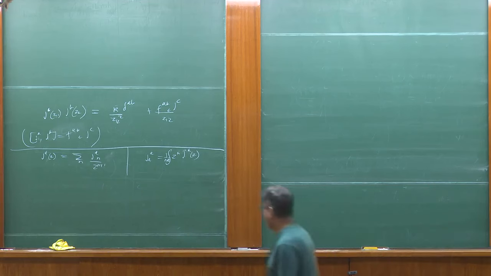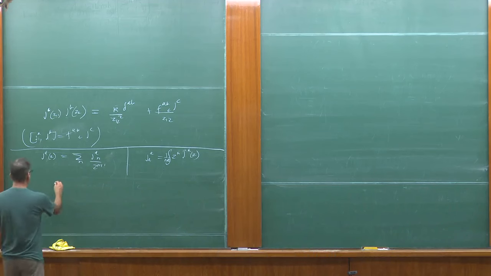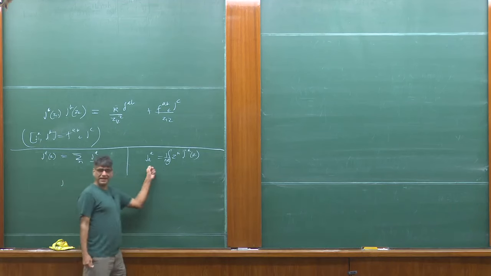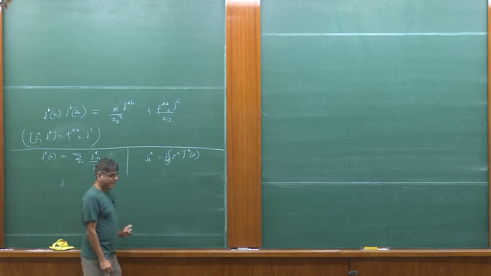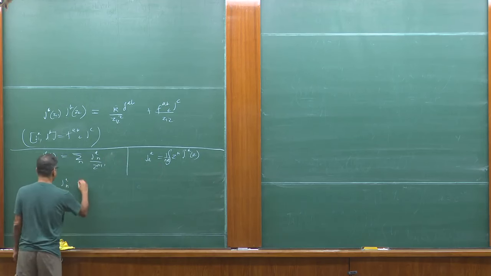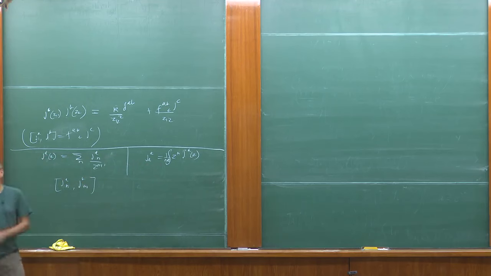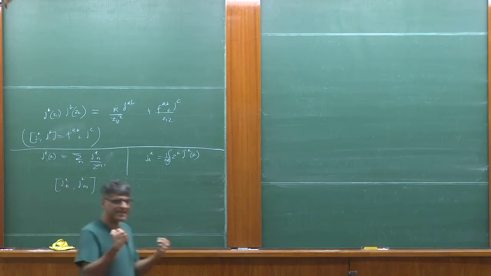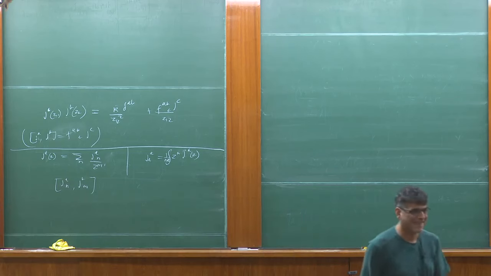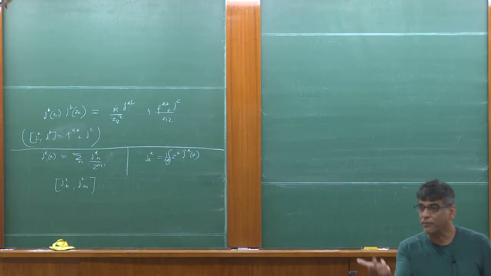You remember the general rules that we developed. Suppose I want to compute the commutator of J^A_n and J^B_m. You remember what our rule was? Take the OPE of those two currents and look for a pole.